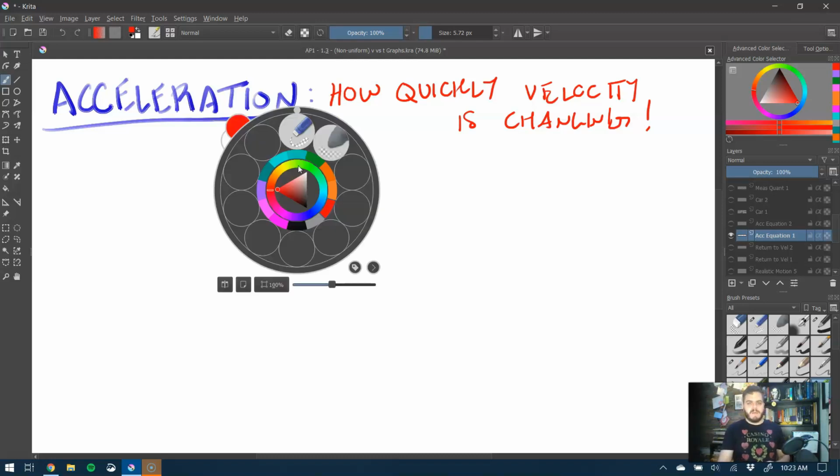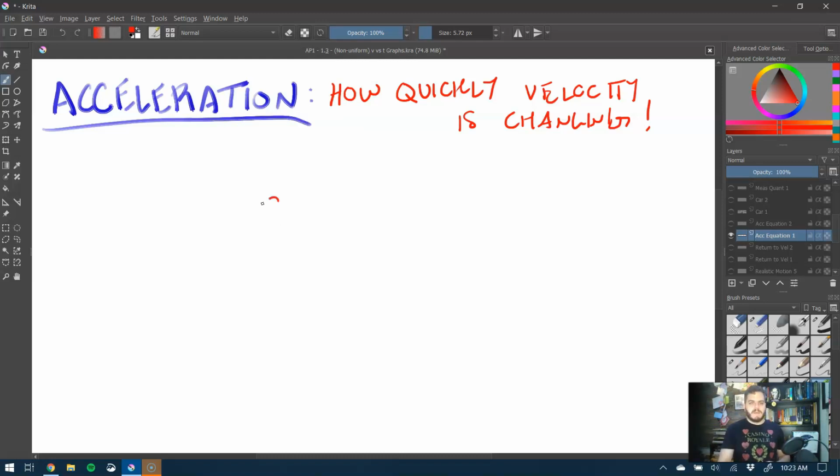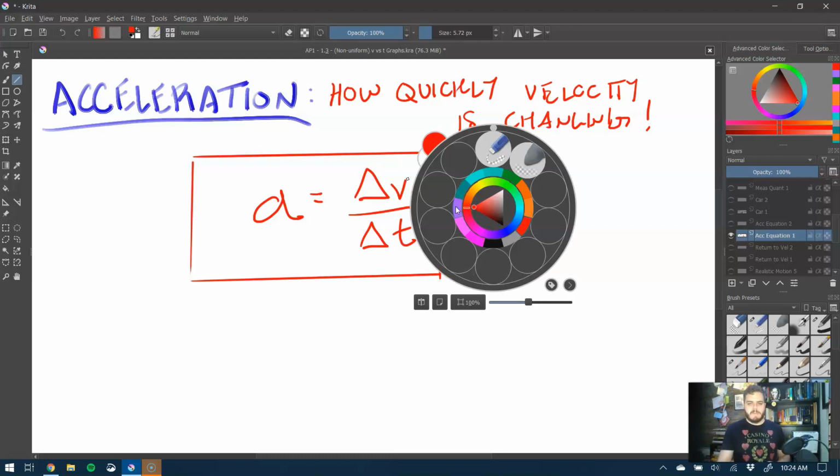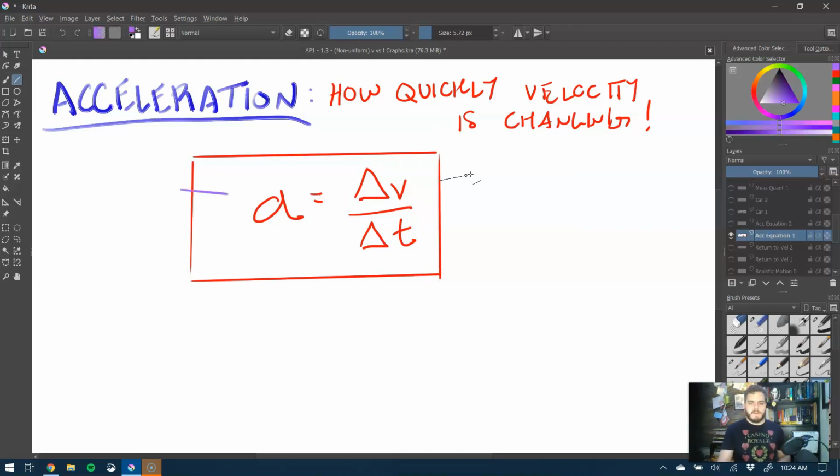If I'm going to write my acceleration equation here, I'm going to say acceleration is equal to delta v over delta t. Let me go ahead and box this because we really want to make sure we know this. So once again, this is the acceleration. This is the change in velocity in meters per second.